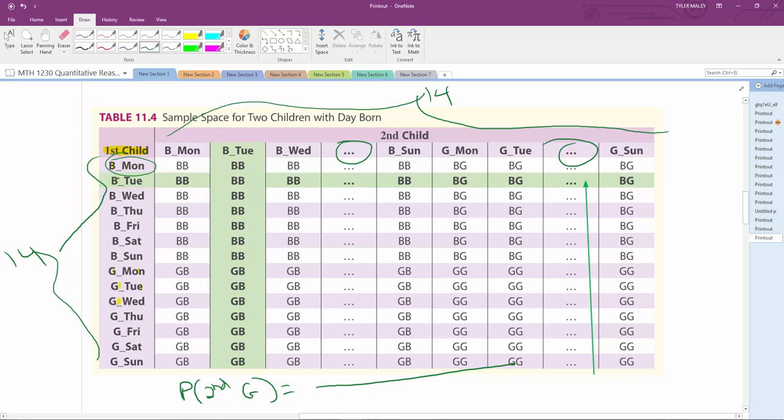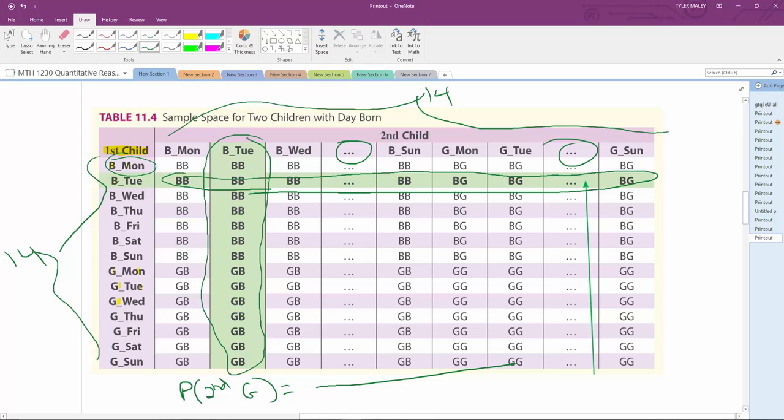So knowing that the boy was born on a Tuesday, this row is going to be all possible outcomes, and also this column. So there's 14 along the row and 14 in the column. But one thing we have to be careful of is this guy gets counted twice. That's in the same row and the same column. So the number in the sample space is 28 minus 1.